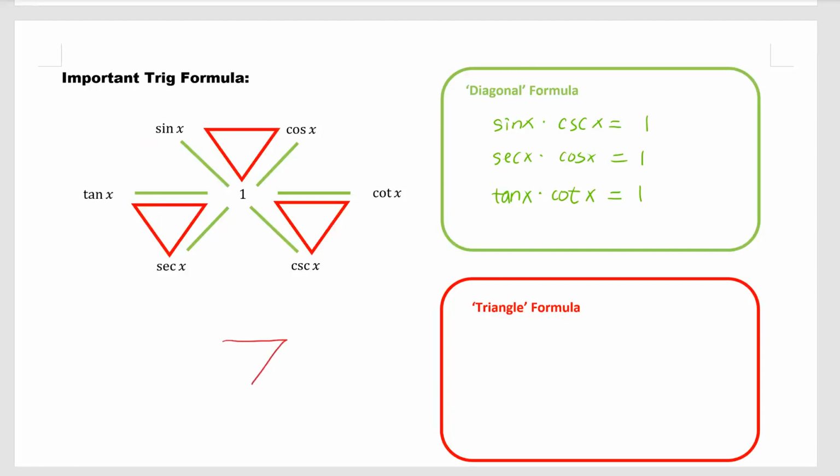So what's special about the upside down triangle? You get the sum of the squares of the upper 2 corners equals the bottom square. Be careful, this is not the Pythagorean theorem. This is just a trick that helps us to memorize the formula.